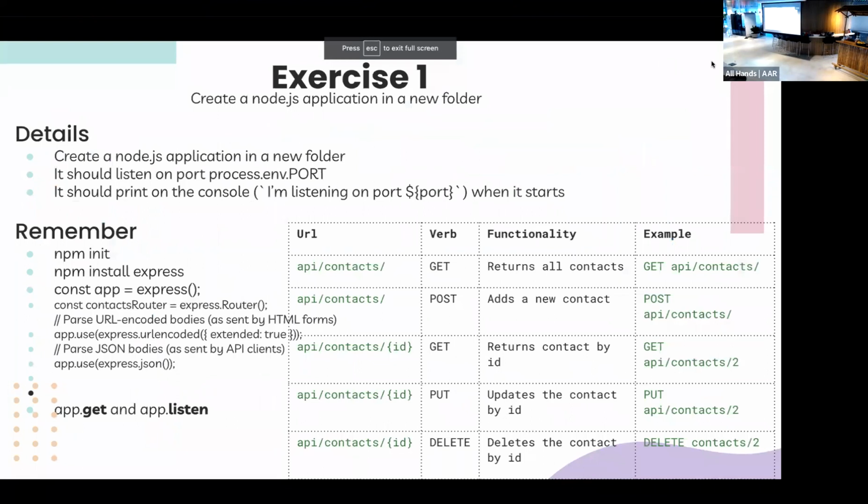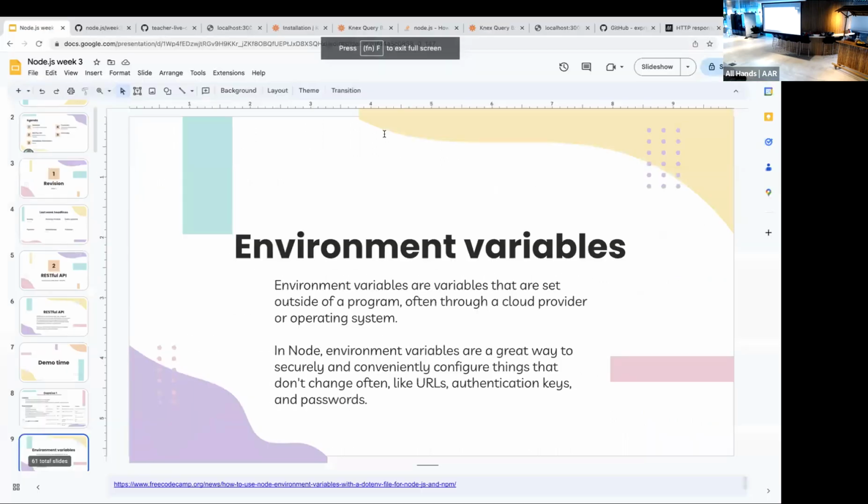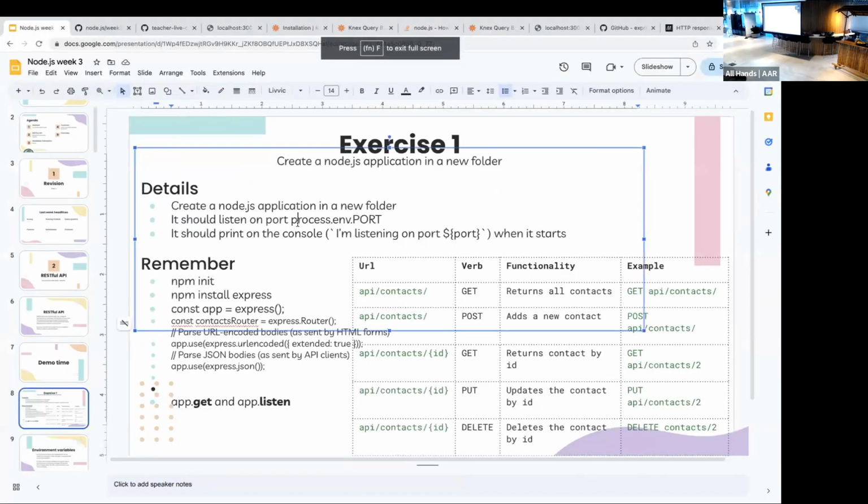So let's go to the slide, show mode. The basic one will be quite similar to what I just did, but for contacts. It's just changing to-dos to contacts. So you create a new folder with a new Node.js application. I want you to listen on port 3000 here.